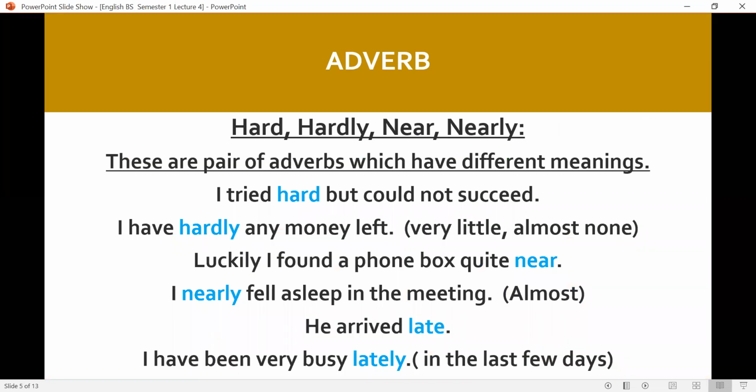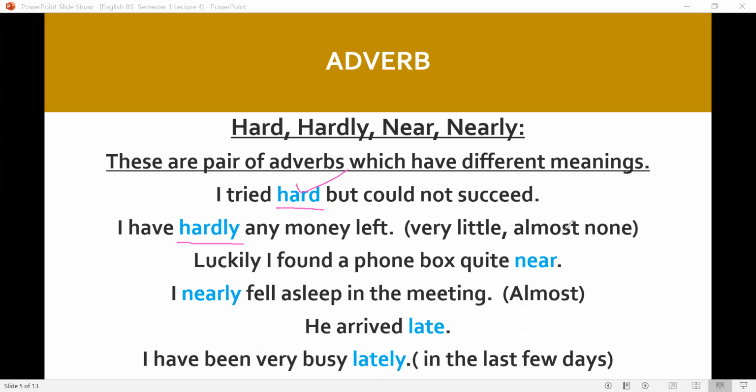Now these are pairs of words we should be very careful in using in a sentence. They have different meanings. I tried hard. I tried my utmost but could not succeed. I have hardly tried. There is a lot of difference between hard and hardly.